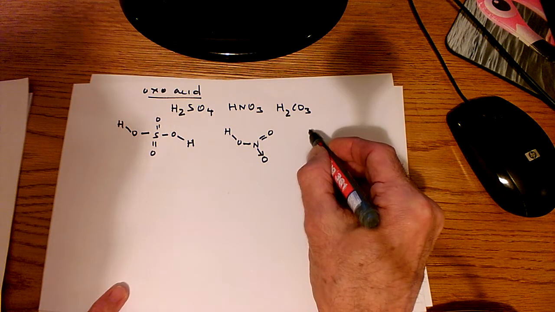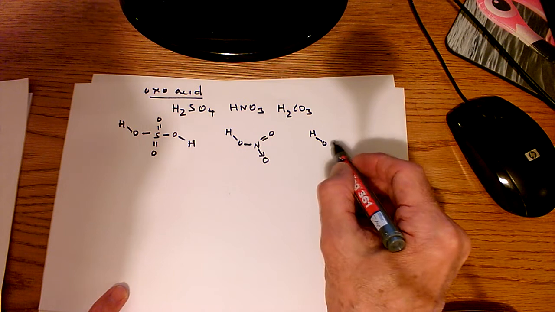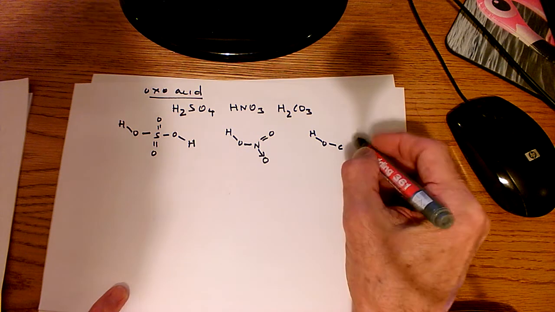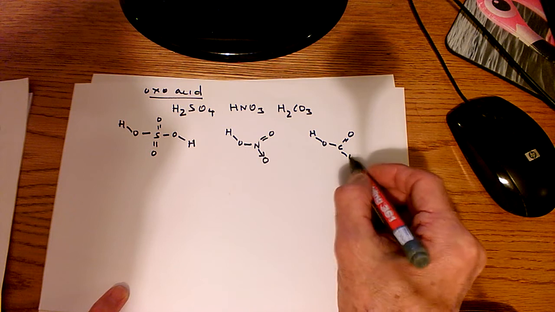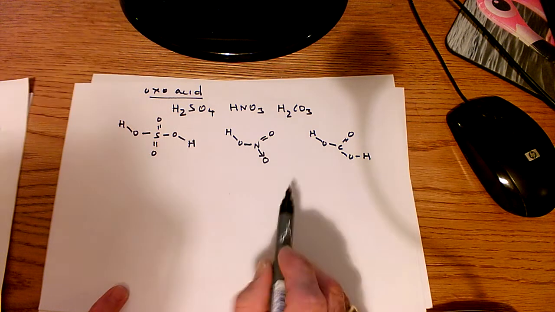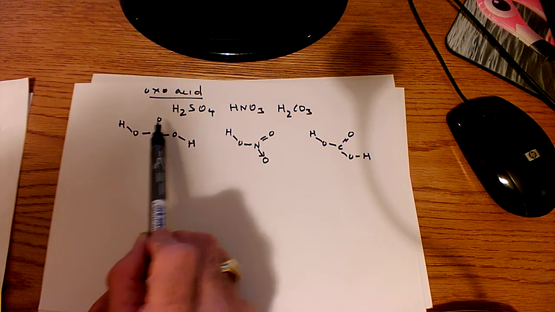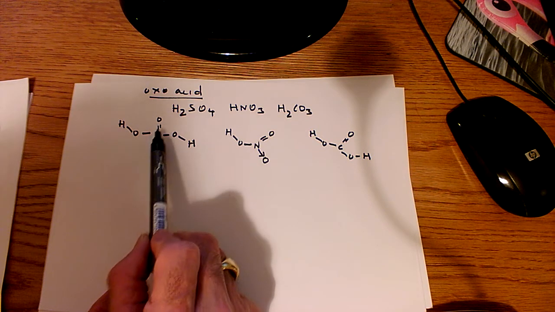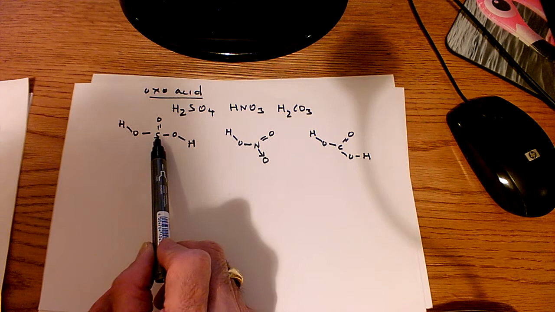Carbonic acid. And you can see in each case we've got that oxygen, could be one or two oxygens, double bonded to the central atom.